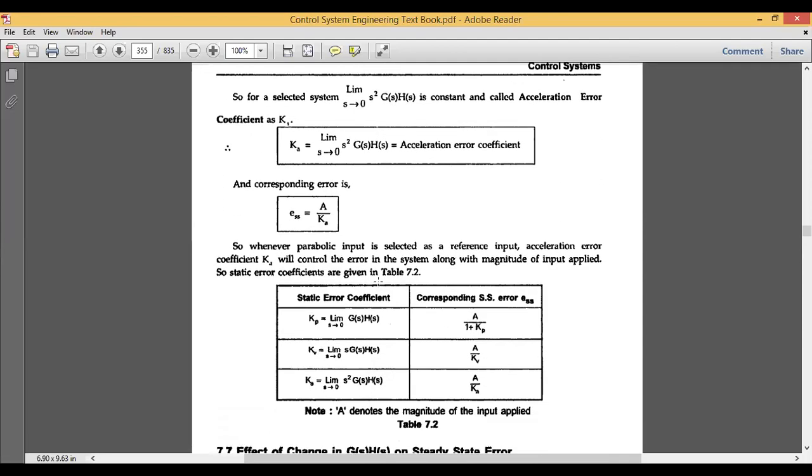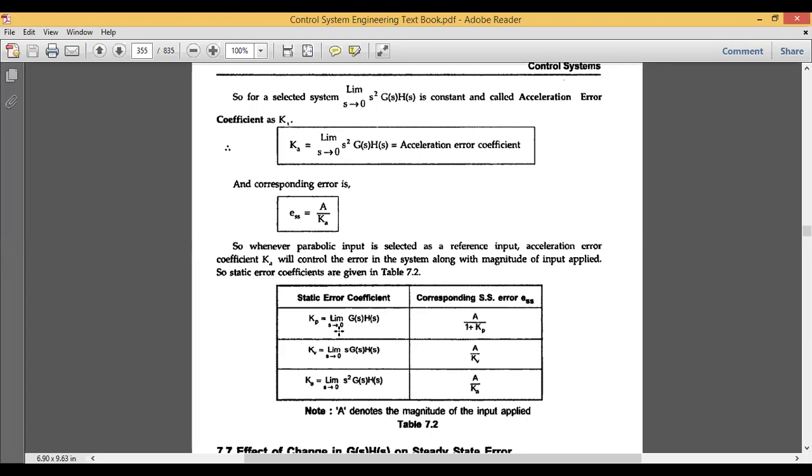So we have applied the three inputs to the control system. One is your positional error constant coefficient, the second is the velocity, and the third is acceleration. So if you look at this particular table, if you want to calculate the static error coefficient, it is Kp for position, Kv for the velocity, and Ka for acceleration.